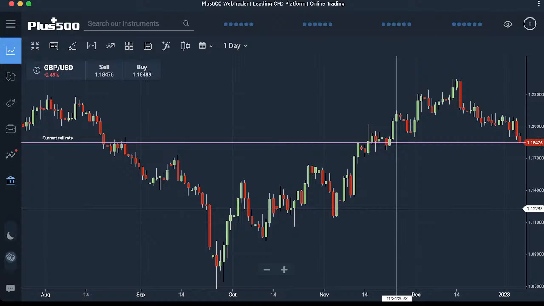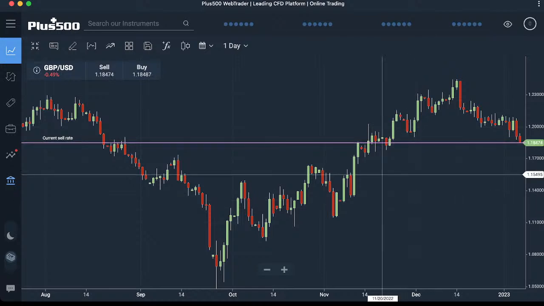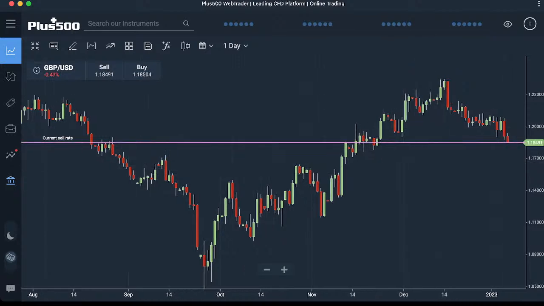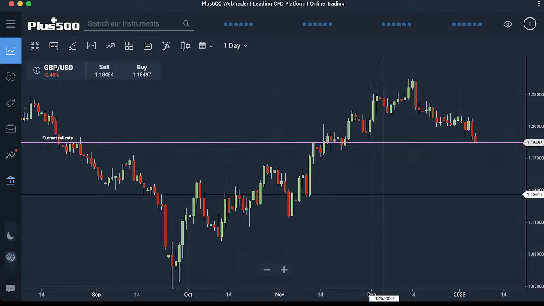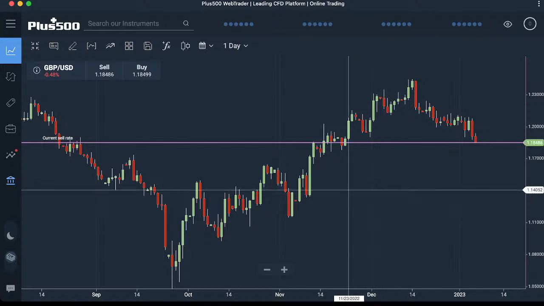So in front of you is the pound dollar chart, and it is on the daily chart. So let's review the recent price action for the pound dollar, and then we will move to the next two and talk about them as well.